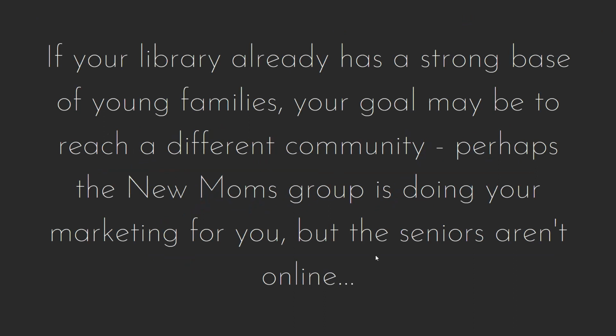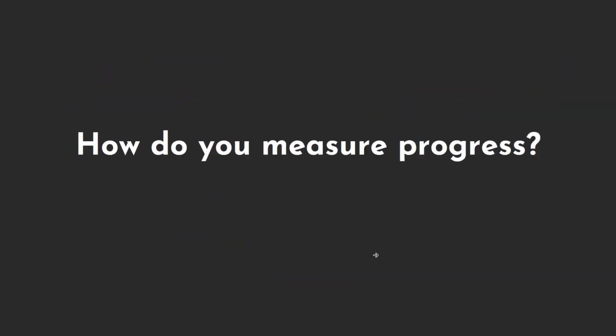The other part of this, with the allocation of resources, is that knowing who's already using your library means you also know who you don't need to target when you're thinking about marketing. Or for example, if I'm doing marketing on social media, it's very unlikely that the seniors are going to see it, and that will probably reflect in my numbers. And then you might want to think of another way to engage.